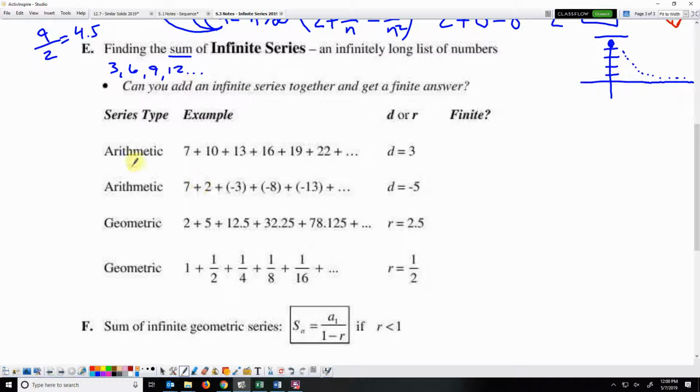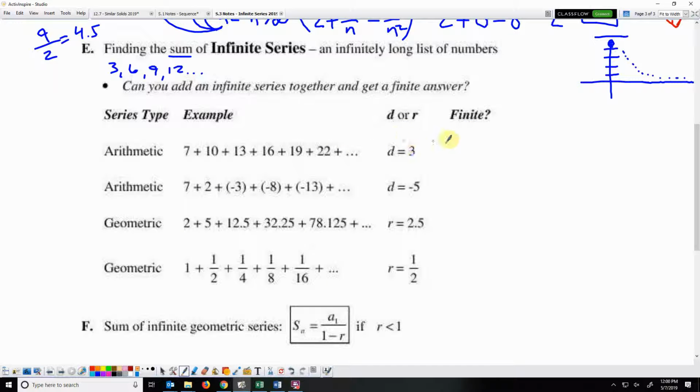And this one is arithmetic with a common difference of 3. The numbers are just going to keep getting bigger and bigger, going up by 3 each time, but they'll get infinitely bigger as we go along, so the sum is not a finite number.